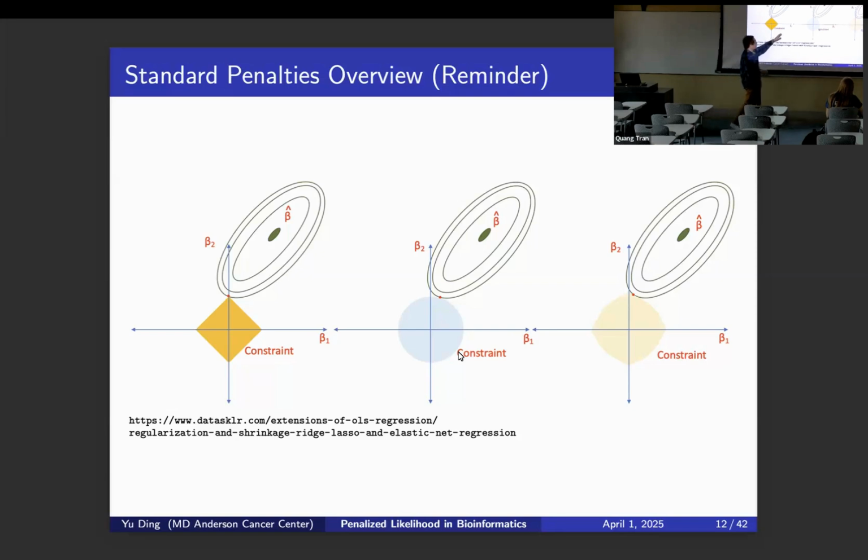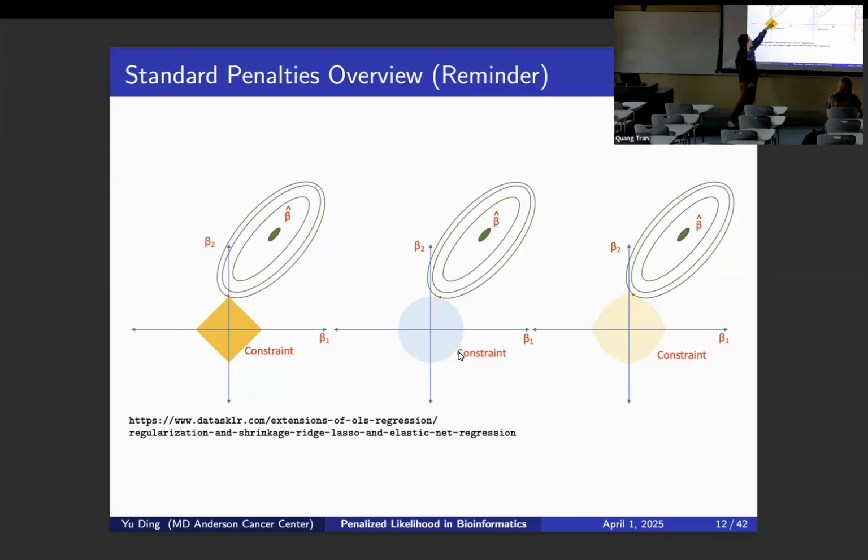The black circle on the top right of each plot represents the likelihood function, the original loss function. If you're using least squares, then it's the least square error. If you use maximum likelihood, then it indicates the likelihood function. The different circles mean different values.